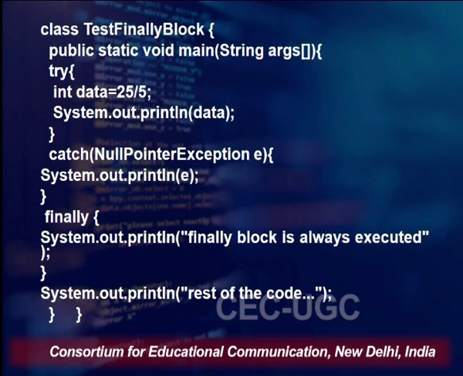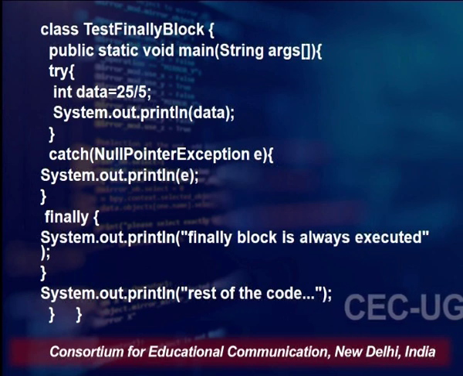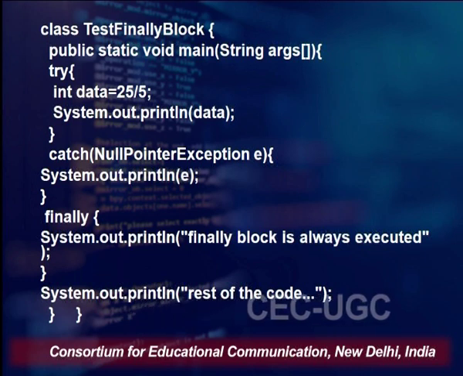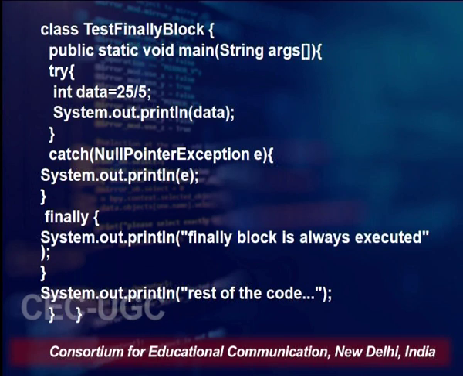And then the corresponding catch says NullPointerException e. Obviously in the try block there is no code which is going to throw a NullPointerException, and within the catch block we print that statement e as per our routine programming exercise.